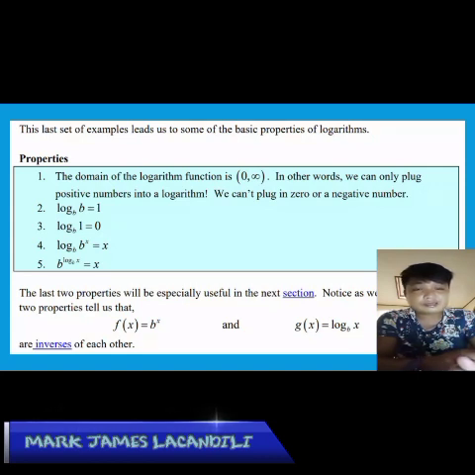Number 4, log base b of b to the exponent x equals x. Number 5, b to the exponent log base b of x is equal to x. The last two properties will be especially useful in the next section. Notice as well that these last two properties tell us that f of x equals b to the exponent x and g of x equals log base b of x are inverses of each other.